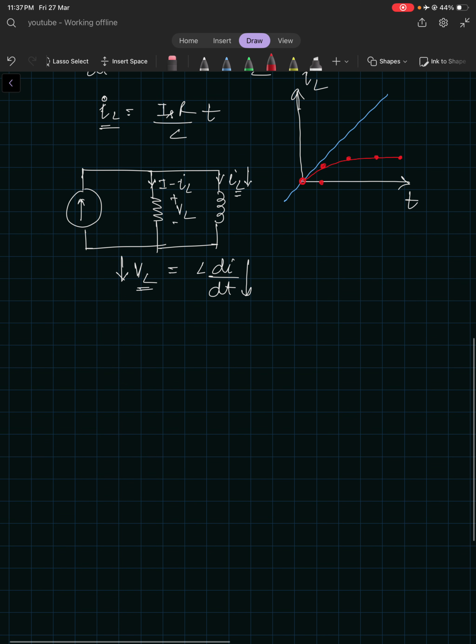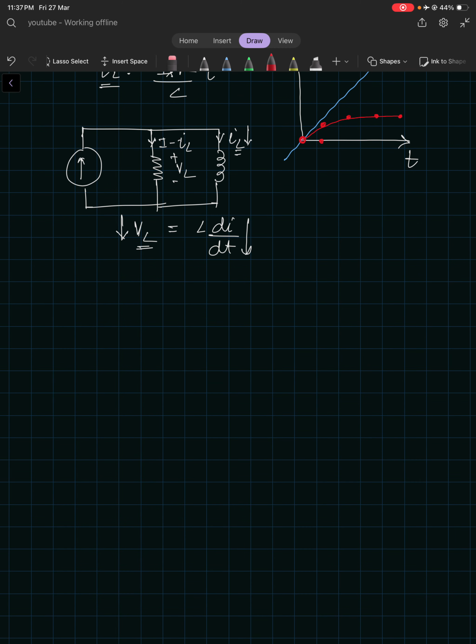Now why is it constant? See, if any current is flowing through this resistor, that will cause a voltage drop plus VL, and this VL will allow this inductor to change its current, and again the current will increase, although the rate at which the current was increasing will decrease, but the current will keep increasing.